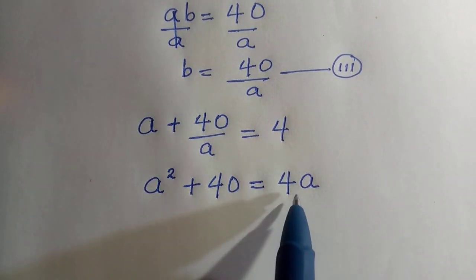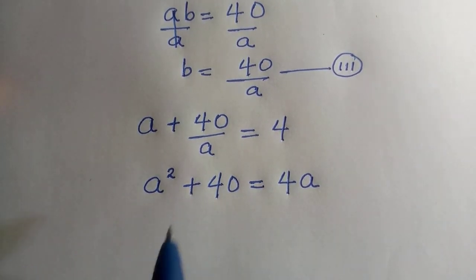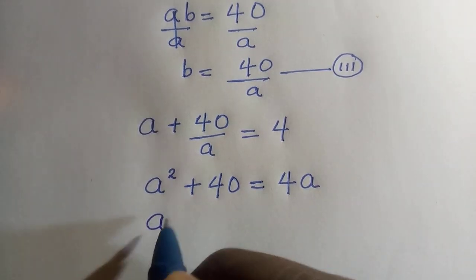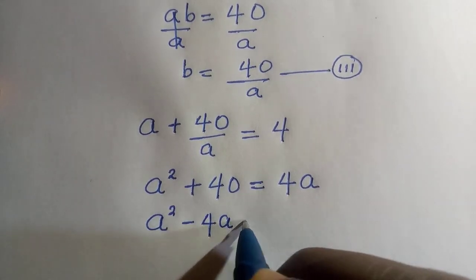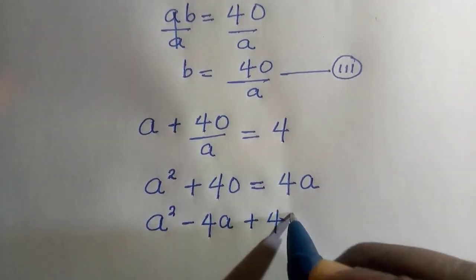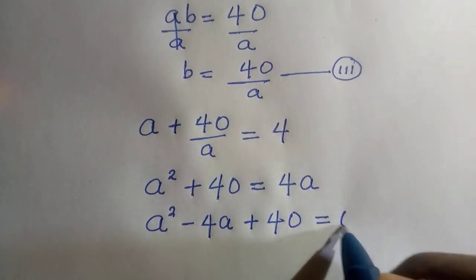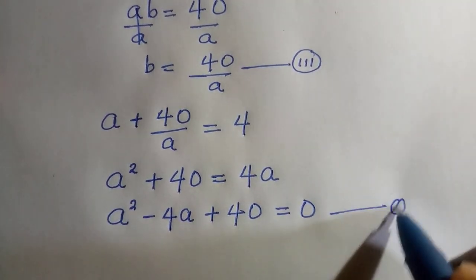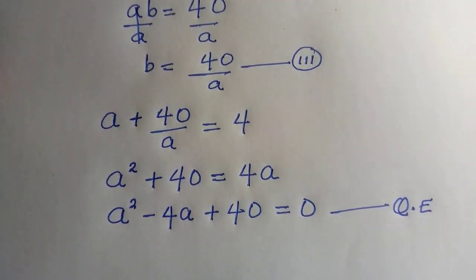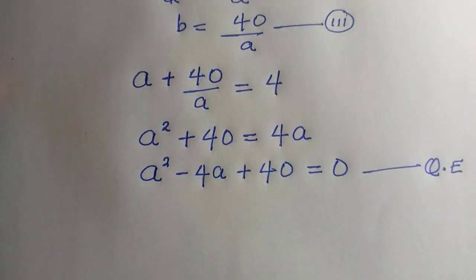Taking the 4a to this side, we have a squared minus 4a plus 40 equals 0. This is a quadratic equation.